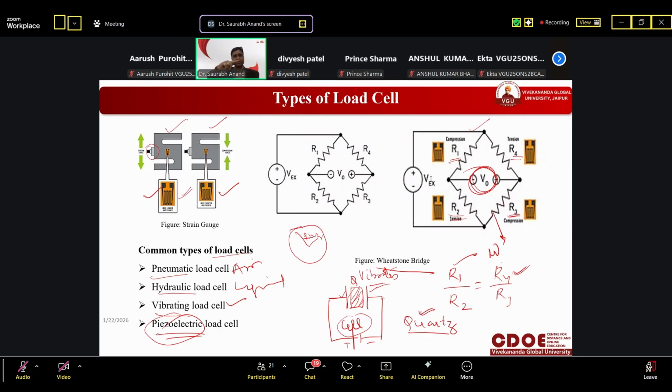So this is the piezoelectric effect. Whenever we apply any force on the quartz crystal, it vibrates, and this effect is known as piezoelectric. So this load cell also works on the piezoelectric effect, so it is known as a piezoelectric load cell. Got it?